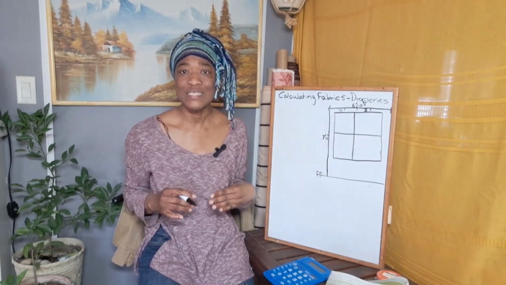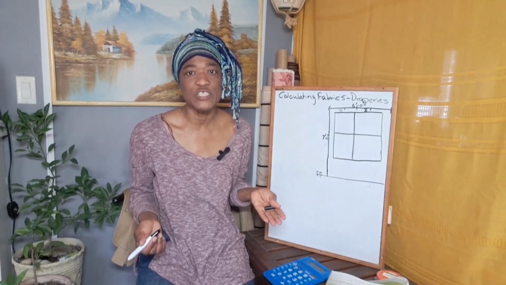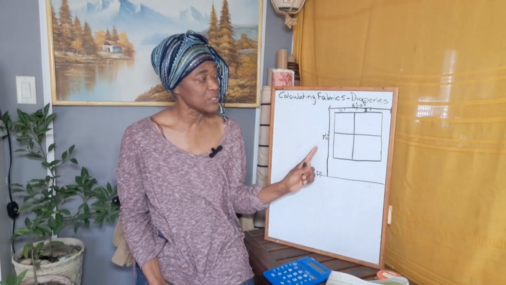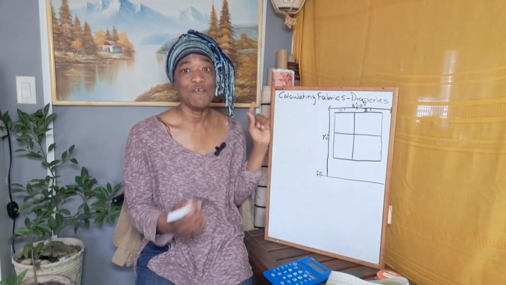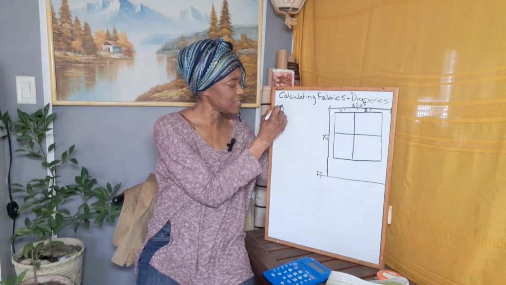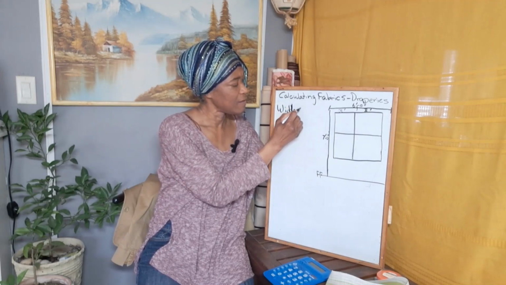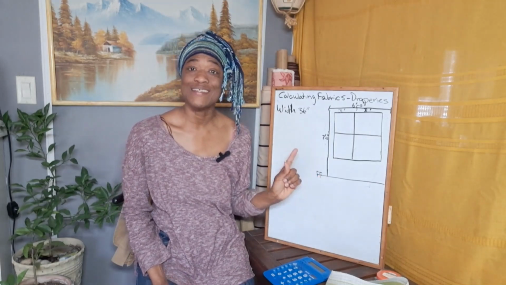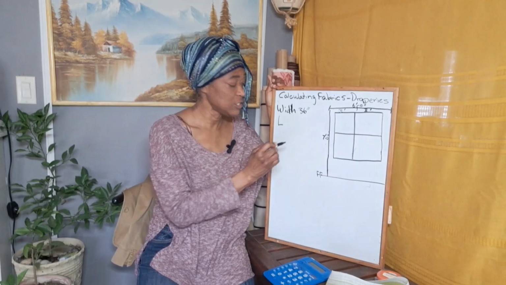However, when we're cutting curtain panels, we don't use feet, right? We use inches. So let's convert our feet to inches. For our 3 feet here, we will have 36 inches, and that's our width. And for our length, which is 7 feet, that will be 84 inches.